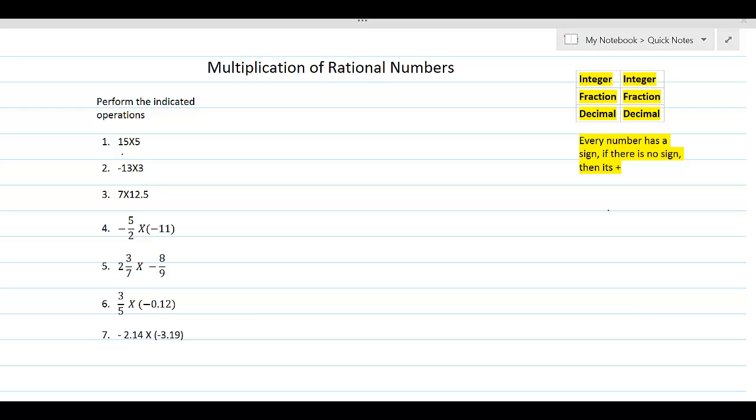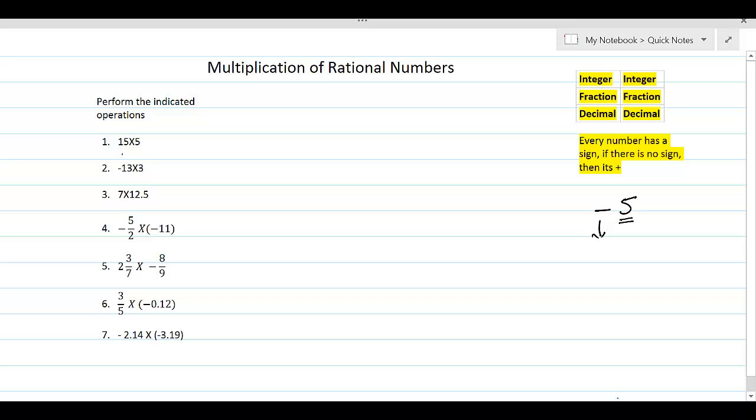Before we get started with the questions, we should always know that every number does have a sign. For example, -5. There is an algebraic sign minus with it, which determines the direction of the number on the real line, and the magnitude 5 determines how far it is from 0 on the real line.